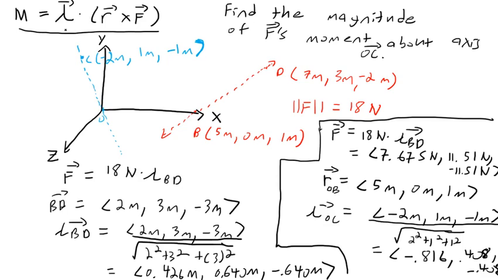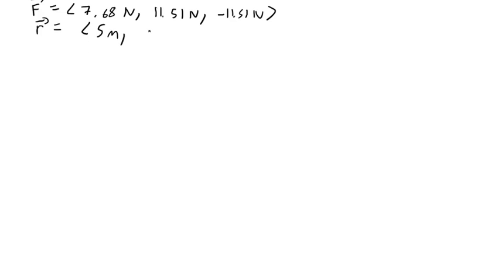I know the force vector. The force vector, again, is 7.68 newtons, comma 11.51 newtons, comma negative 11.51 newtons. Our R vector from the axis to a point along the force's line of action is going to be 5 meters, comma 0 meters, comma 1 meter.